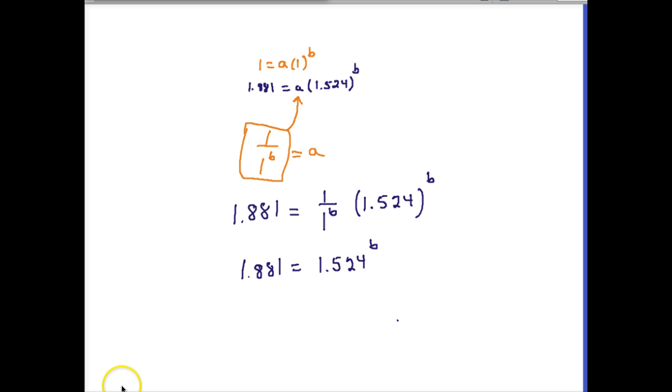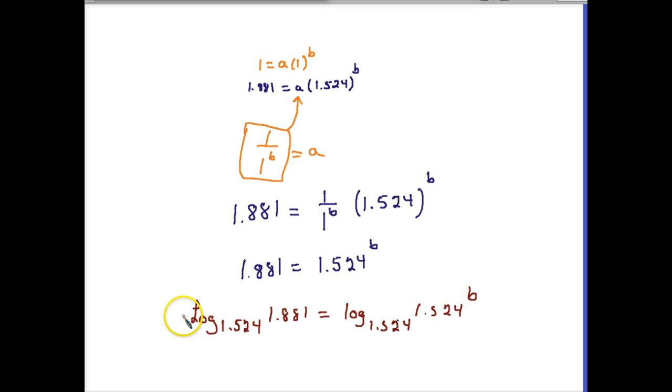Well, if you remember back when you did logarithms, we can take the logarithm of this base, 1.524, of both sides. So we would have the log base 1.524 of 1.524 to the b.